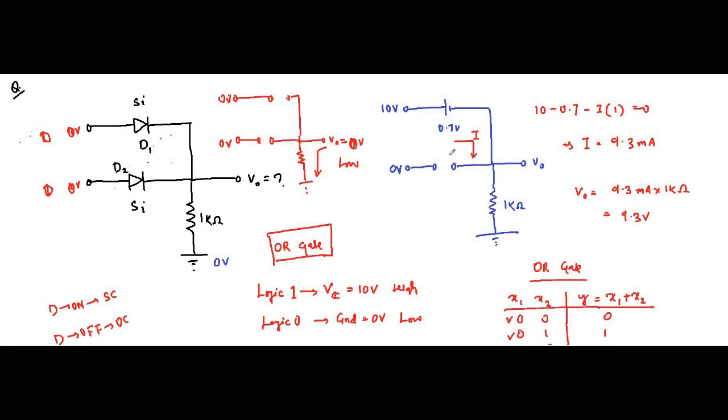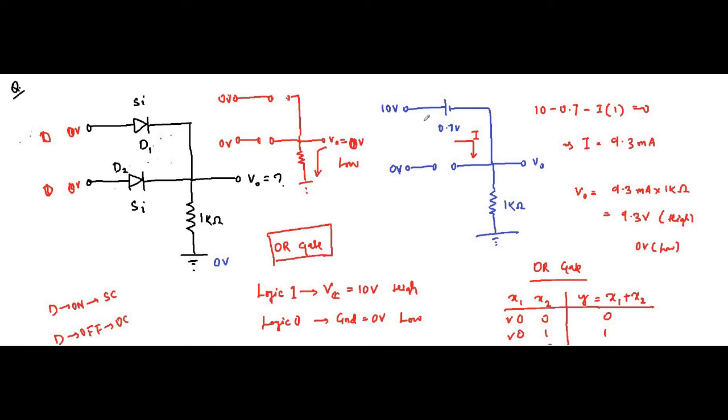But normally the diodes which are used have some amount of built-in potential and some amount of forward resistance. So we get the result as 9.3 volt, which is very close to 10 volt. So 9.3 volt is considered as high and 0 volt is considered as low.